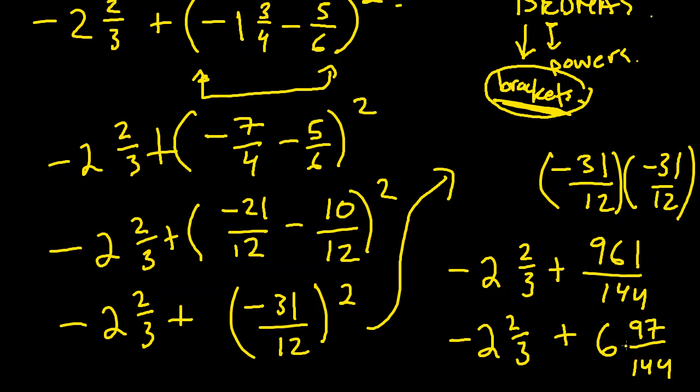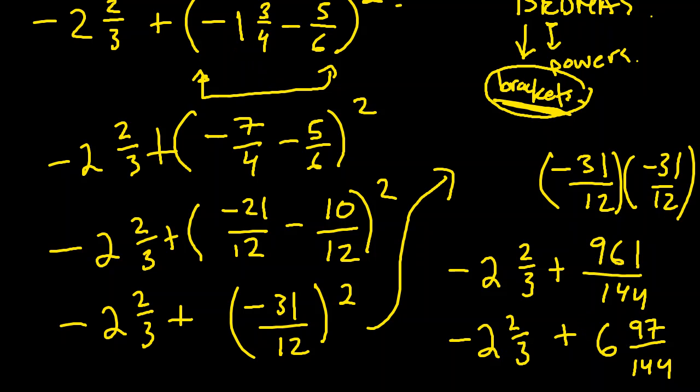So now what do we do from here? Well, remember when we add and subtract mixed numbers, we can just add and subtract their wholes, so the negative 2 and the 6. And then we can add or subtract their fractions, right? So if we can get a common denominator for 2 over 3 and 97 over 144, we can just add these two mixed numbers easily, right?